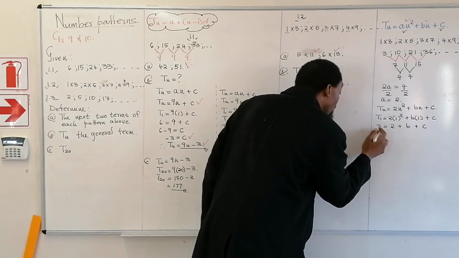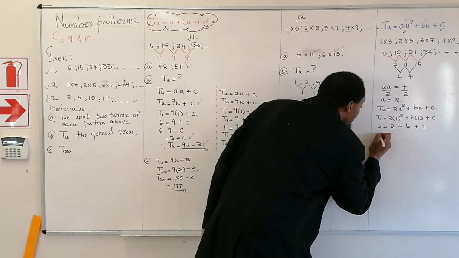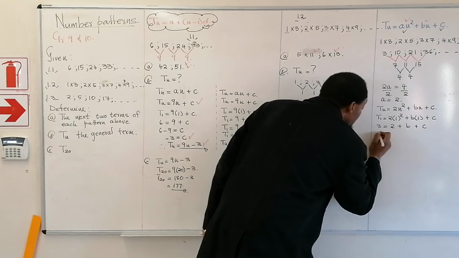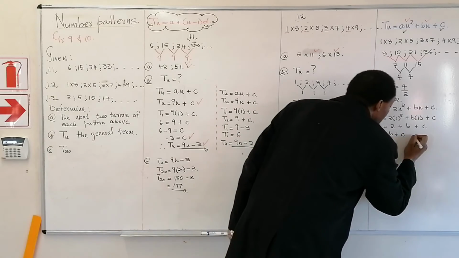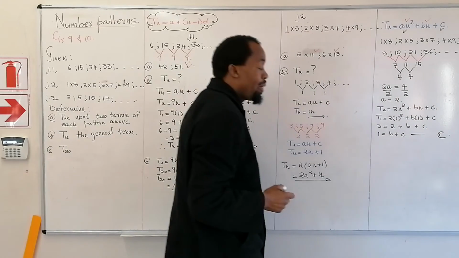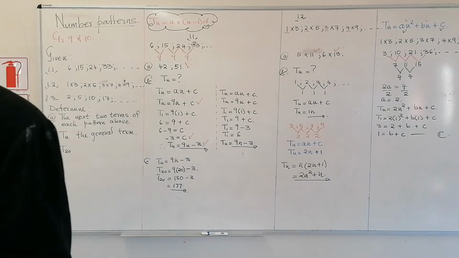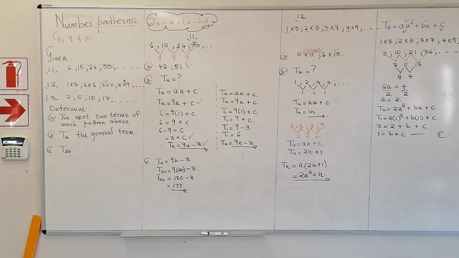I take the 2 to this side, it becomes 3 minus 2, which is 1. That means b plus c is equal to 1. I label it as equation number 1.